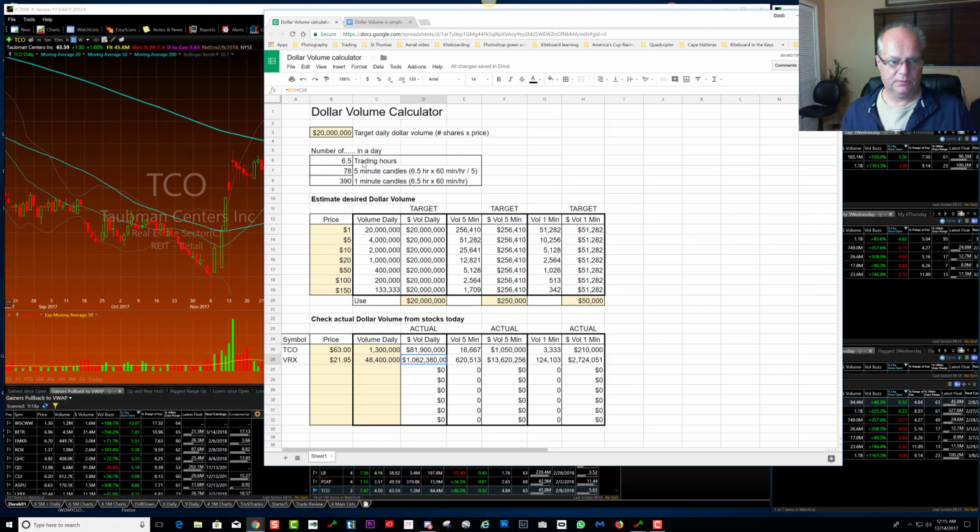There are 6.5 trading hours per day, which means there are 78 5-minute candles in the day and 390 1-minute candles. So for a given price of a stock, let's say $1, $5, $10, $20, $50, $100, $150, let's say our target dollar volume for the day is $20 million.